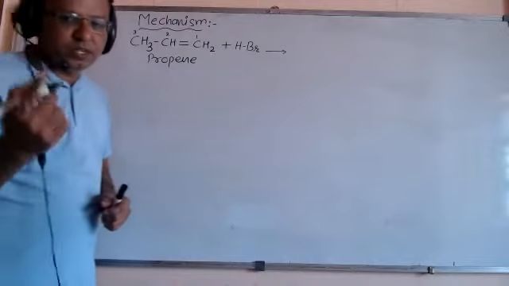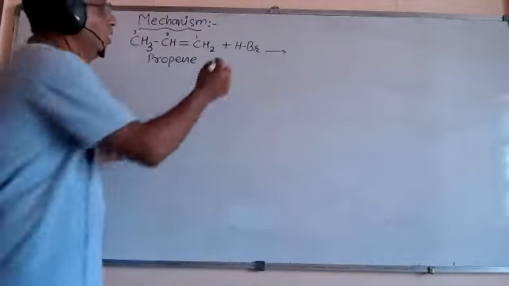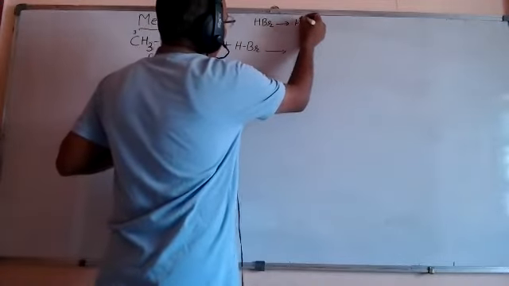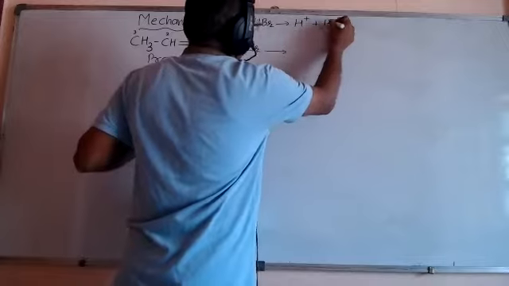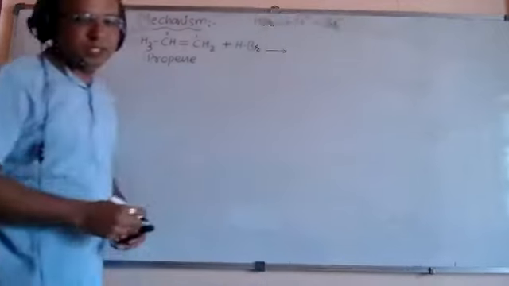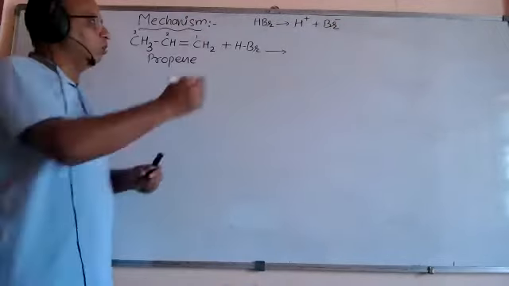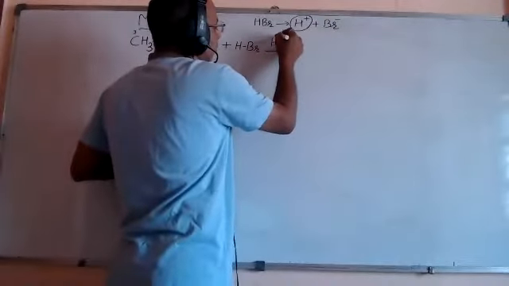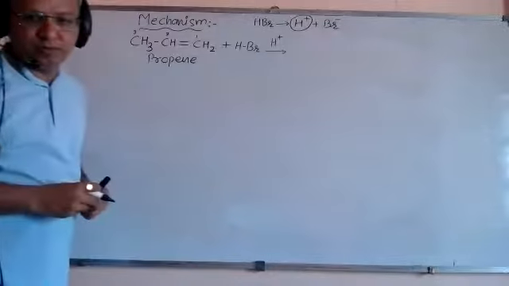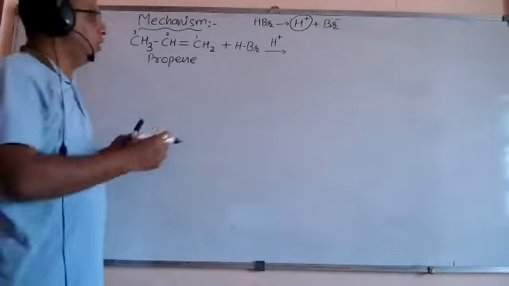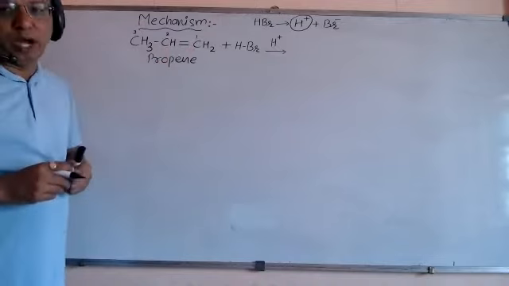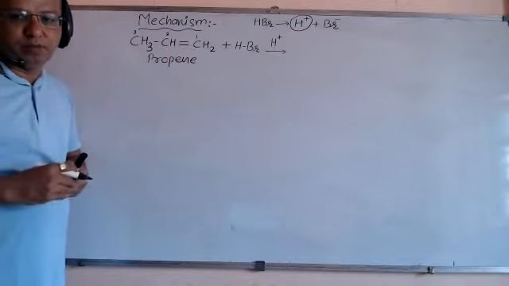So friends, in the first step, first of all, this HBr will break down into H plus and Br minus. And out of these two, this H plus will take part in the reaction and it will add to either one or two carbon, meaning first or second carbon.